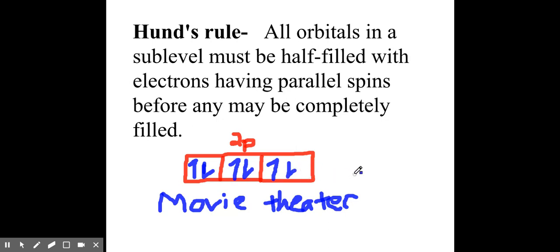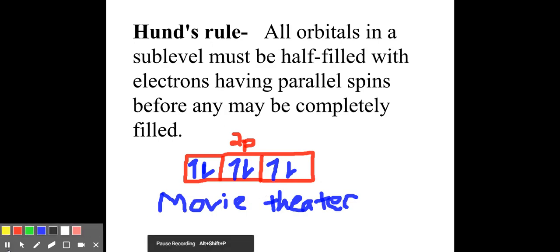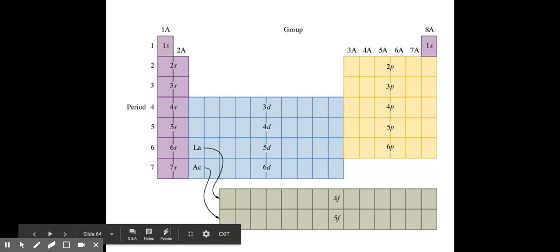Or whenever you sit at the movie theater, say 6 guys go there. They don't want to sit next to each other unless they actually have to. So that's the idea. And the electrons don't want to be next to each other unless they have to, because they have similar charges and they will repel each other.